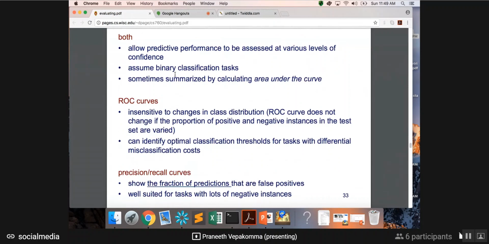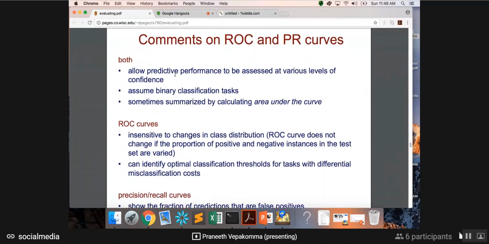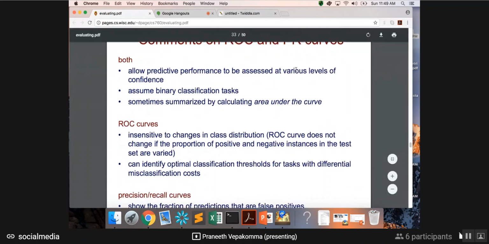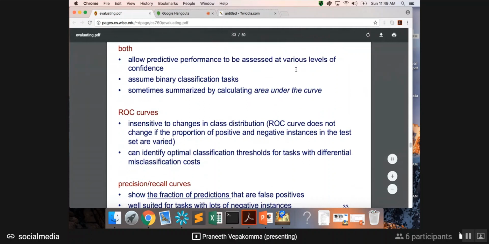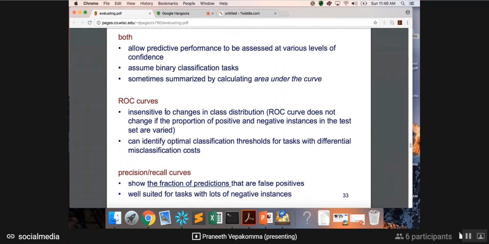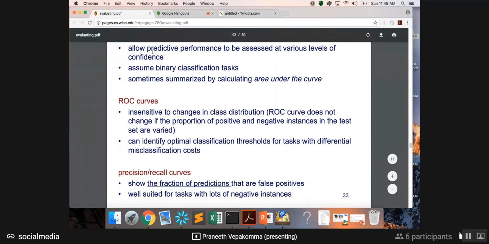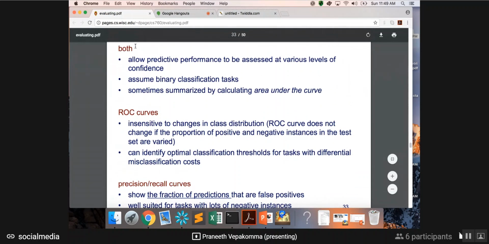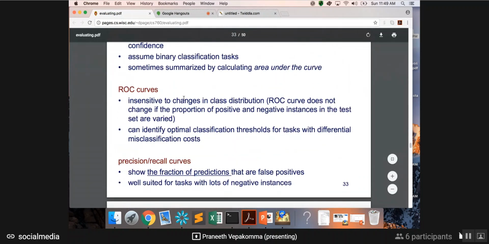Okay, so going ahead. This is a high-level overview, again, of the ROC and PR, like a recap. So you can always read through this. The ROC curve is insensitive to change in class distribution.